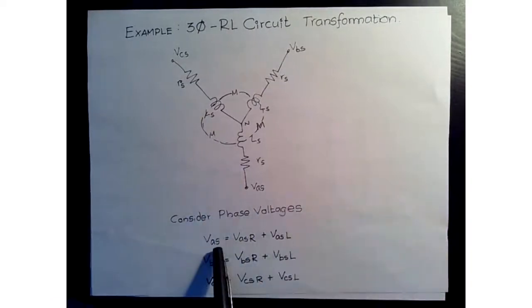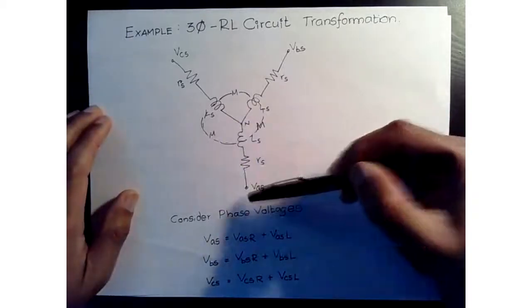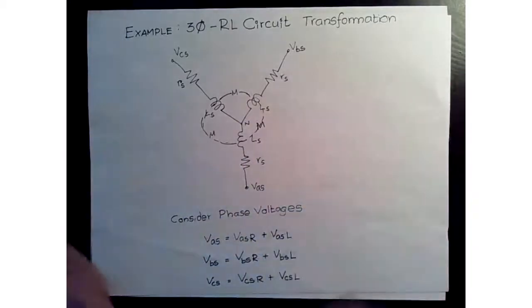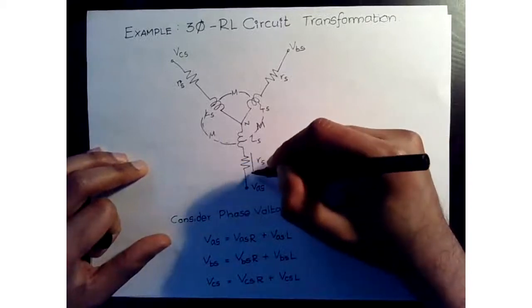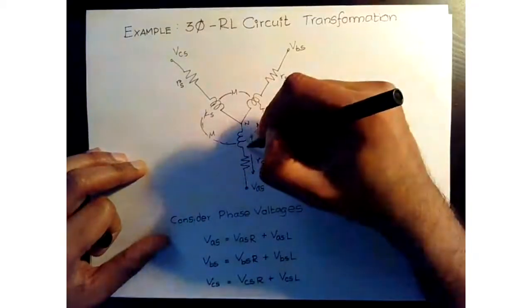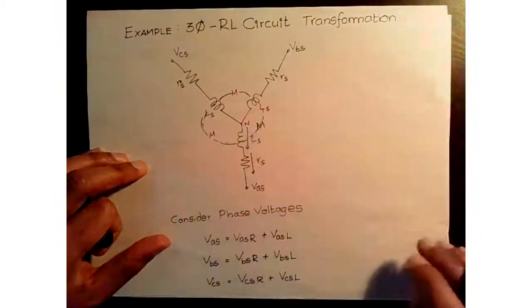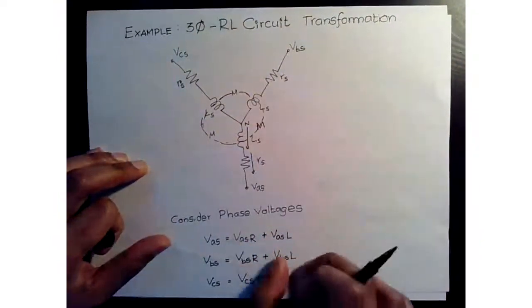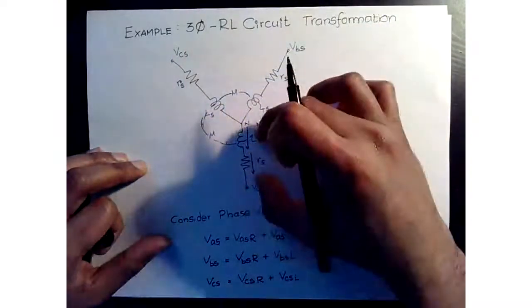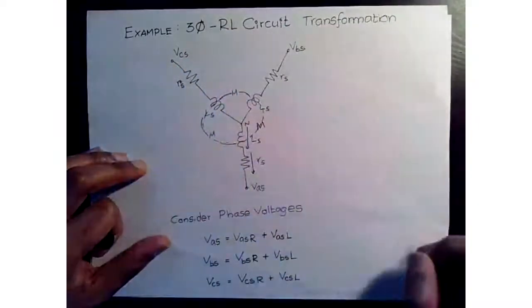Now we can write our VAS total voltage as the voltage drop across the resistor plus the voltage drop across the inductor. So we break it down into the two voltages, and we can apply the same concept to VBS and VCS.